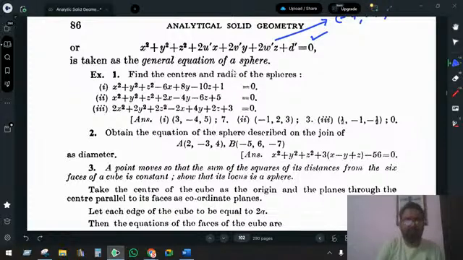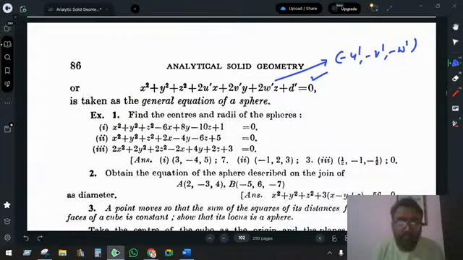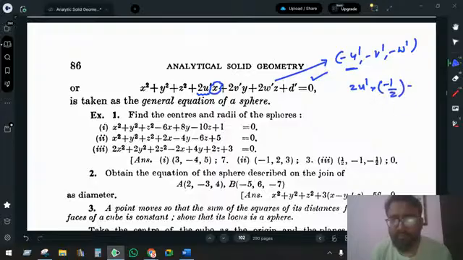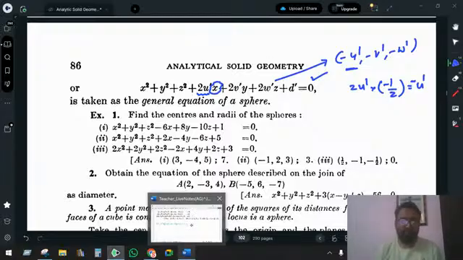It was 2u dash, and there I wrote minus u dash. So you have to multiply the coefficient of x by minus 1 by 2. You will get minus u dash. That's the x coordinate of the point.